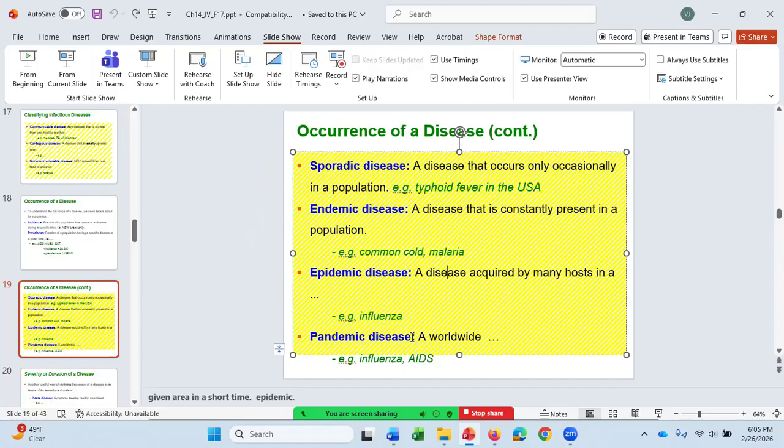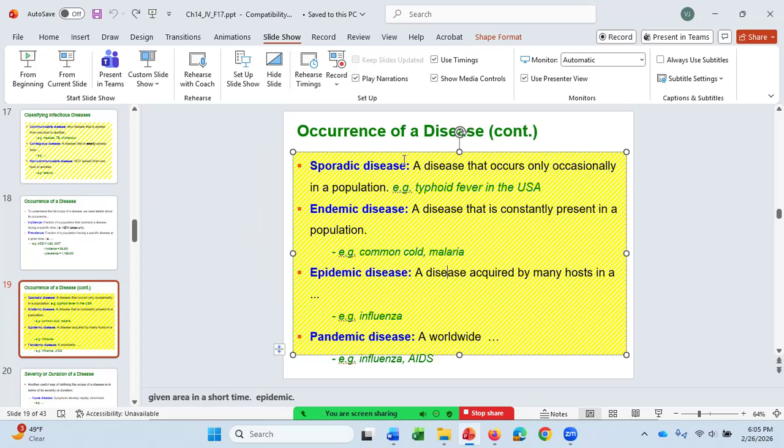All right, let me warn you that when you're talking about a low number of cases, it's debatable whether a disease is sporadic or endemic. For example, tuberculosis. Some people say that tuberculosis is a sporadic disease in the United States.